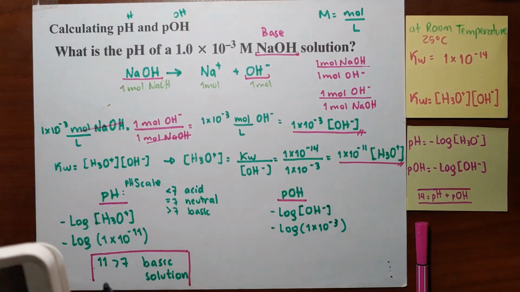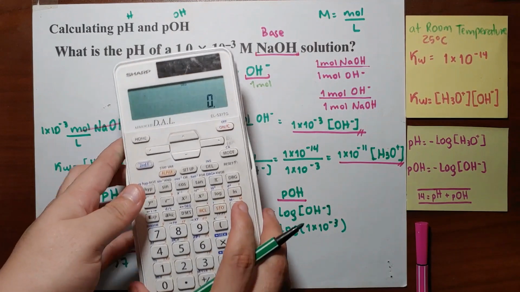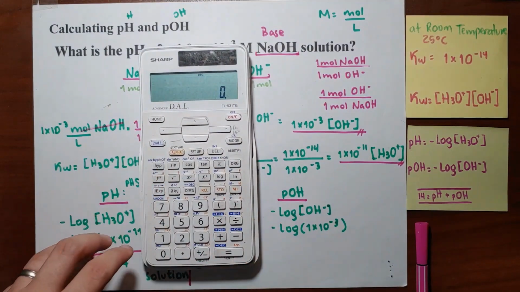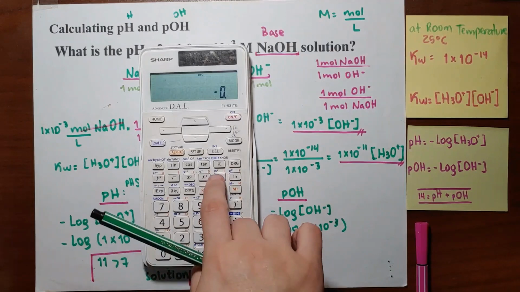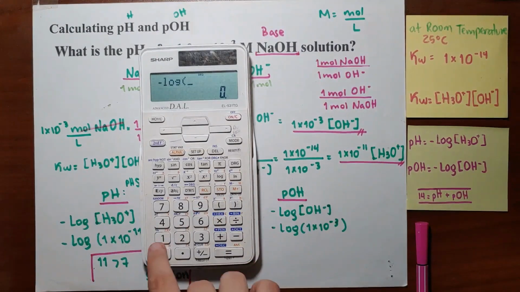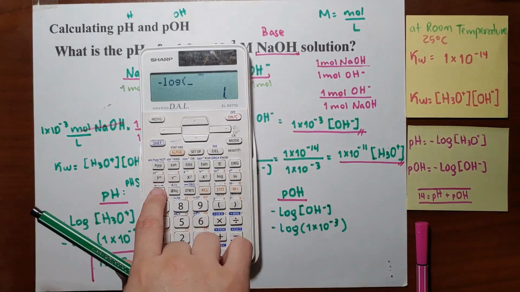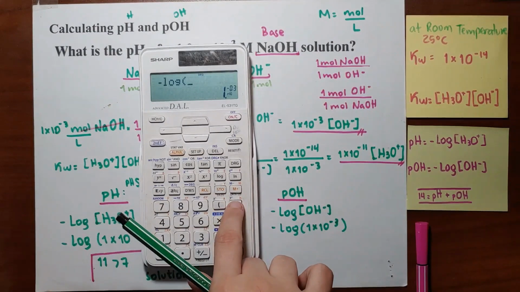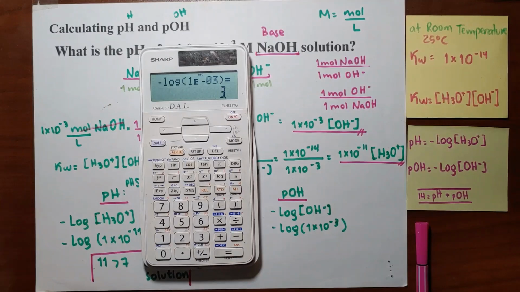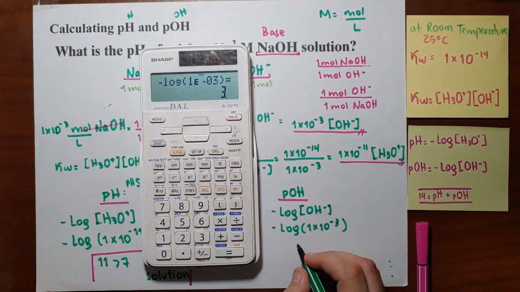I'm going to use my second calculator just to show you how to do it in case you have a different calculator. Negative logarithm of 1 exponential negative 3 close parenthesis equal. This gives you 3.